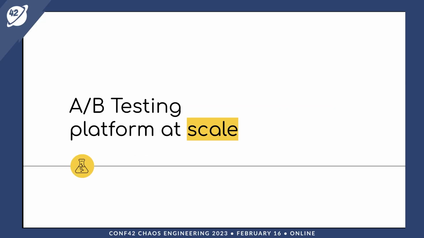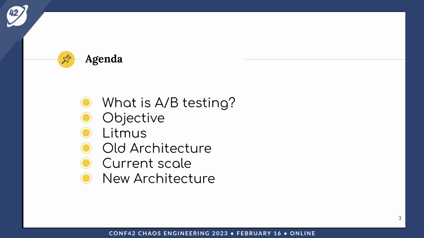Let's proceed. Yeah, so this is the title of my talk, A/B testing platform at scale. Let's move to the next slide. Yeah, so the agenda of this talk will be, I'll be explaining about what A/B testing is, and then we will talk about the objective, what the audience of this talk can learn from this. Then I'll be explaining about Litmus, the name of A/B testing platform at Gojek.